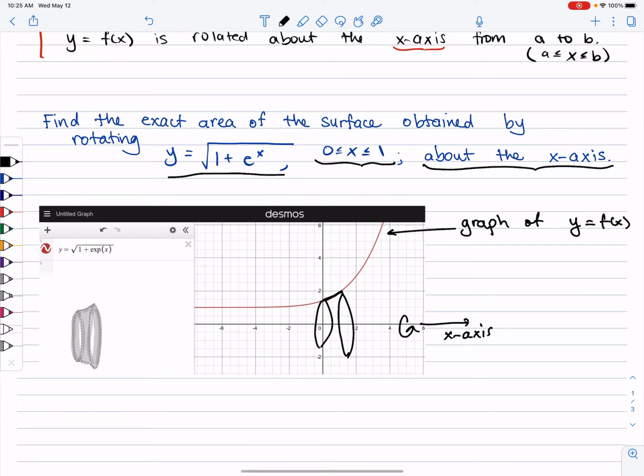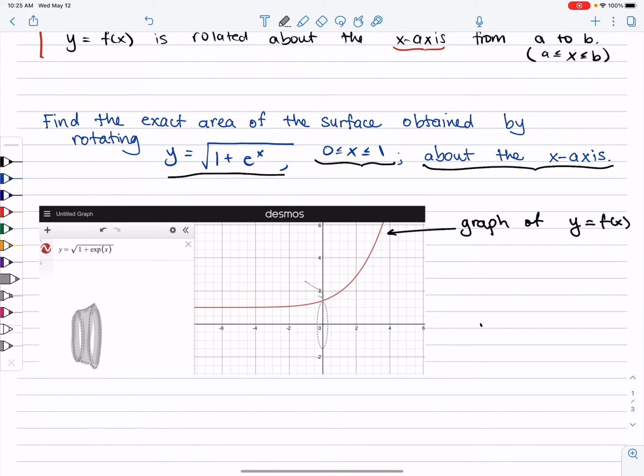So when we get this portion of the graph and we rotate about the x-axis, you get something that looks like this. Actually, I'll start drawing a portion of it. So we're going to have this point here, and we're going to be rotating it. So let's say we have something that looks like this.